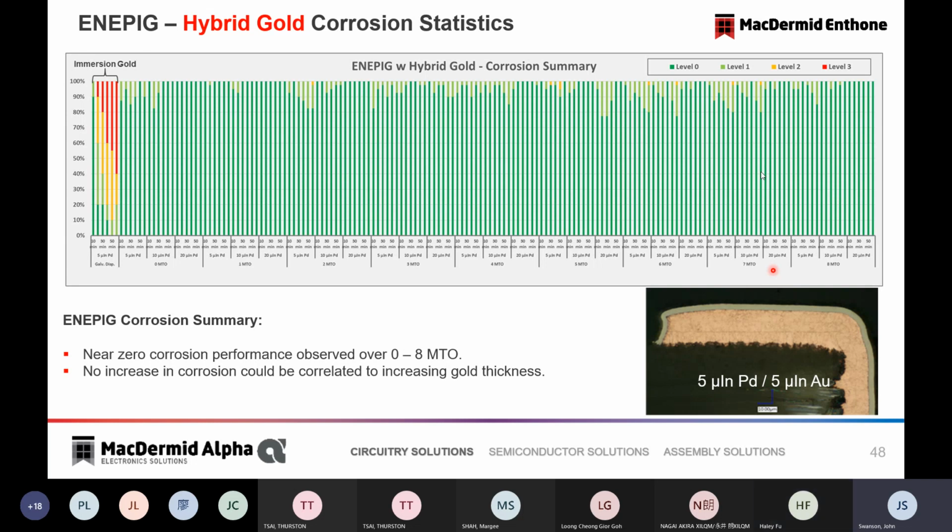So in the automotive space, there are global OEMs and global tier 1 producers using immersion silver and OSP, and in some cases, like the photograph I showed, they're taking these antennas and other systems and finding ways to encapsulate them in their systems to give them additional protection.